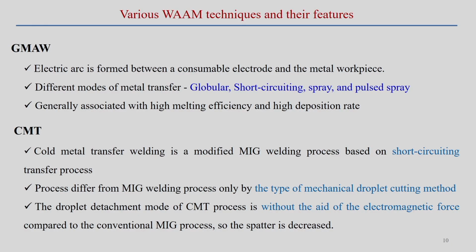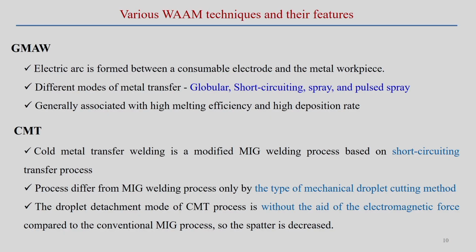There are several types of metal transfer: globular, short circuiting, spray, and even if you use a pulsed heat source, pulse spray transfer is associated with the gas metal arc welding process.